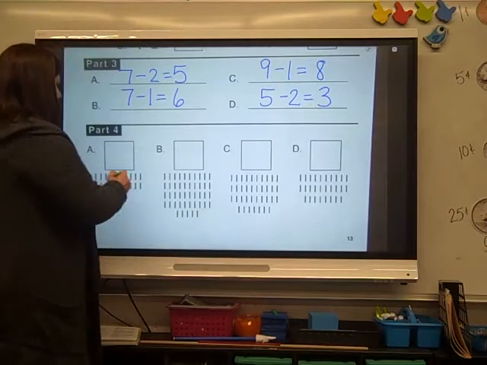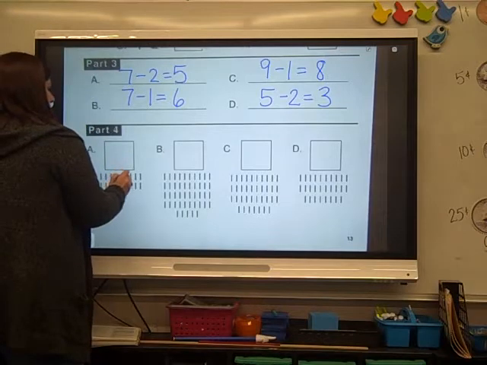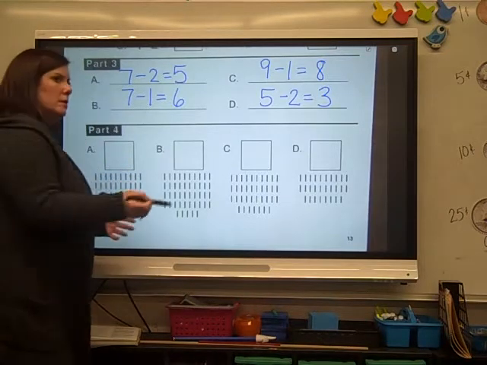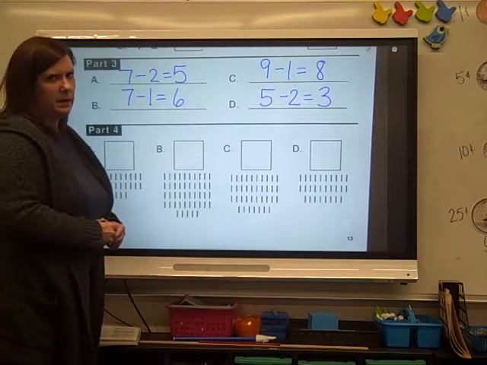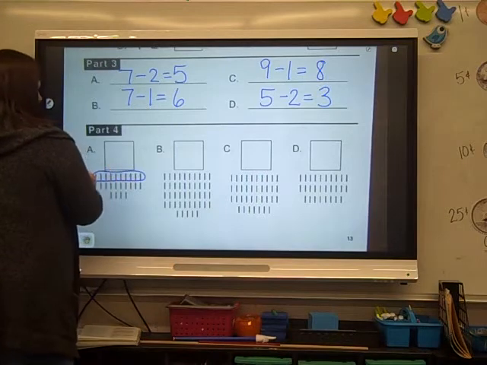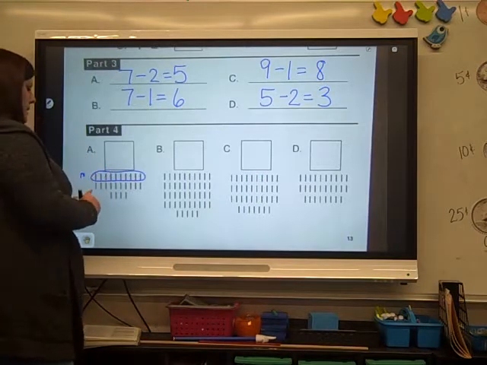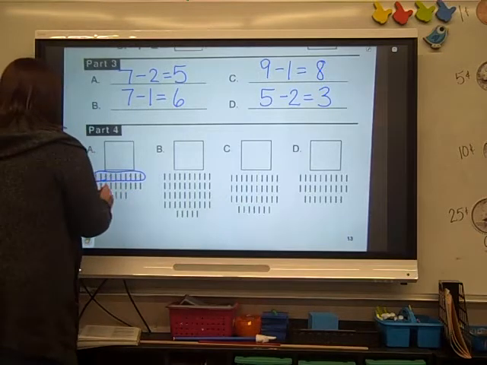Big long rows. You remember? 1, 2, 3, 4, 5, 6, 7, 8, 9, 10. Here's 10. Do you want to count all of those? I don't. Since we know that's a row of 10, that's 10. So look, do we have another row of 10? Yeah, right here, don't we?